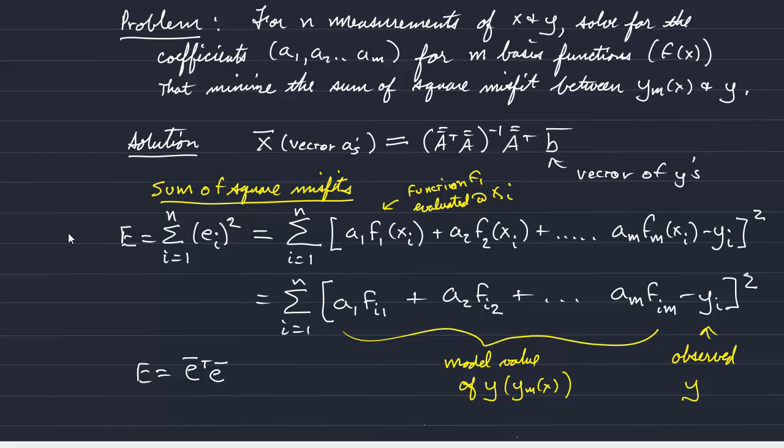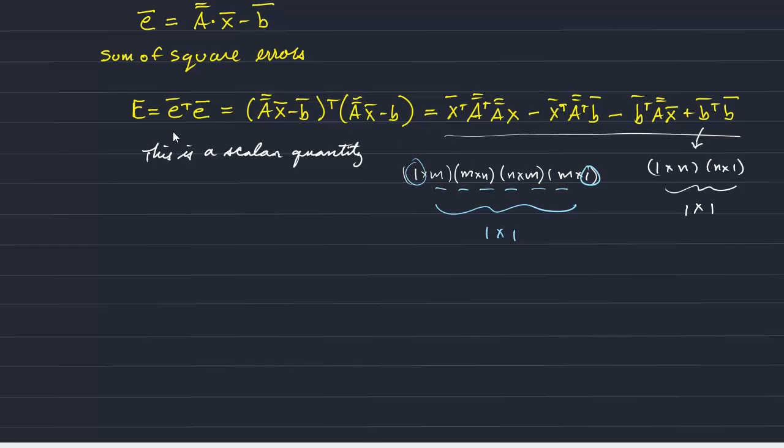Now, if you'll recall, the problem is to find the coefficients that minimize the sum of square errors, or sum of square misfits between the model and y. Okay, so this gives our sum of square misfits for any value of coefficients. We'd like to minimize it.